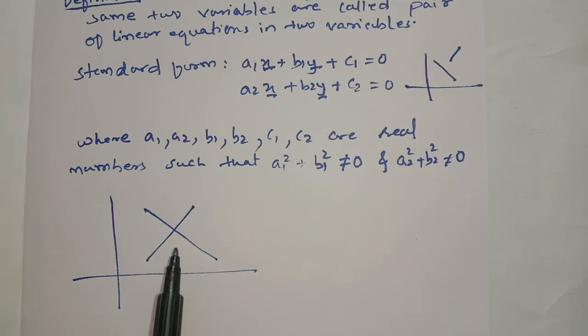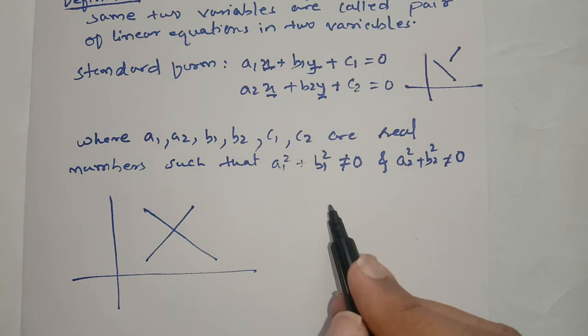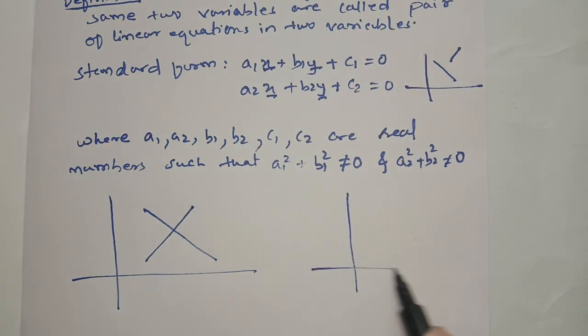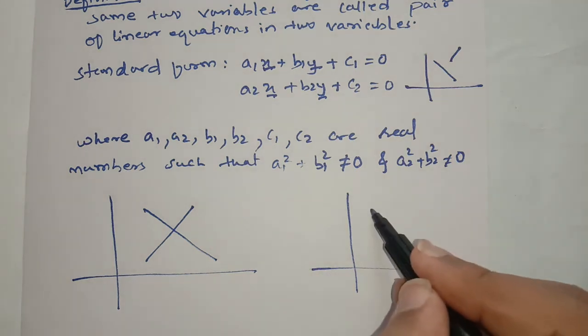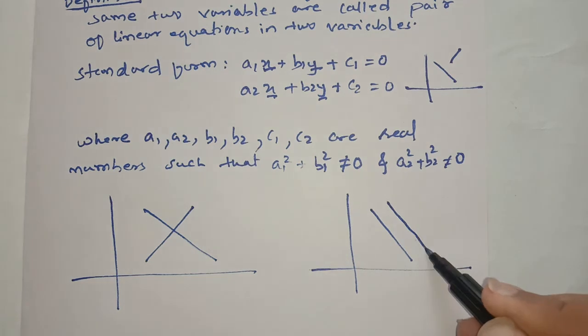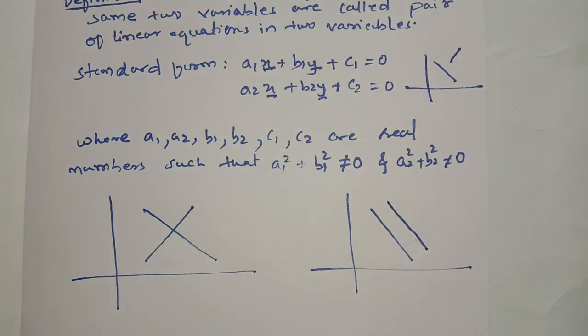These are called intersecting lines. And sometimes for any two equations you can get two lines like this, and these two lines are called parallel lines.